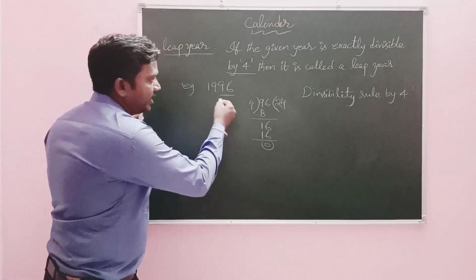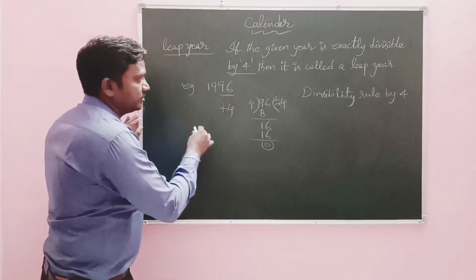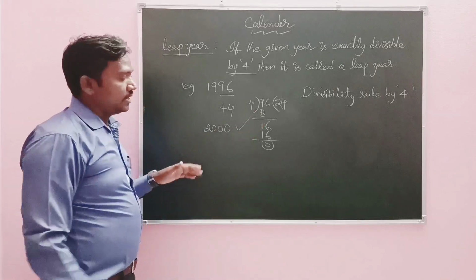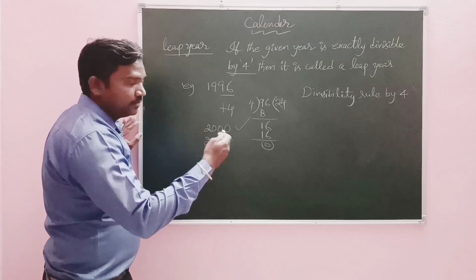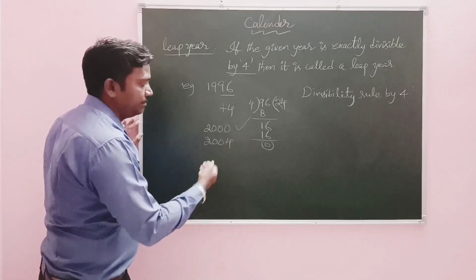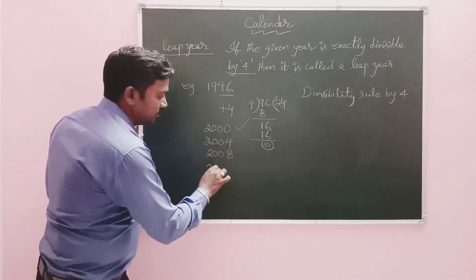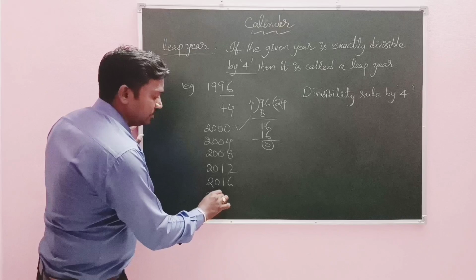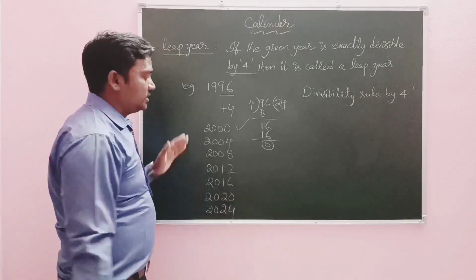If we add 4 to 1996, we get 2000. So 2000 is also a leap year. And then 2004, adding 4 to the preceding leap year, 2008, 2012, 2016, 2020, 2024, like this. These are all leap years.